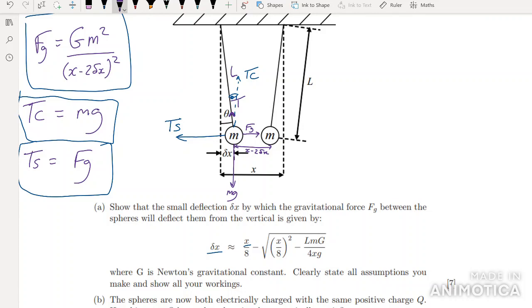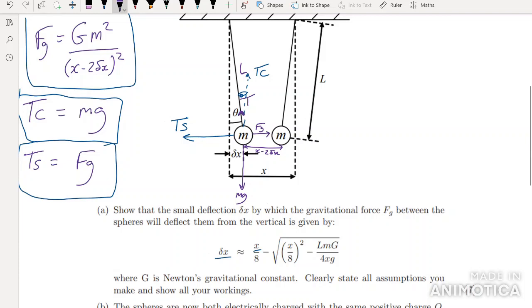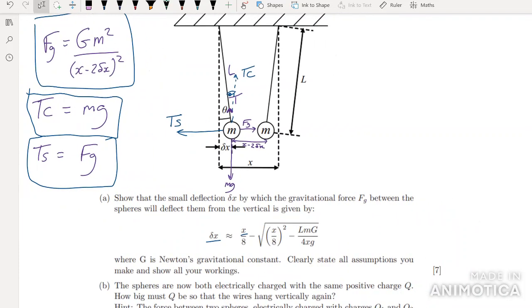And so just looking at this diagram, how are we going to get an L? Well, L is just a distance, so the only option we have is some geometrical arguments. If we look at this diagram, we've got that side is L, that side is dx, and that is theta.